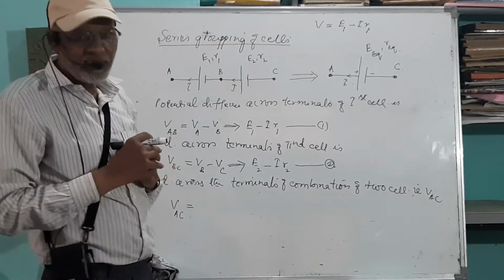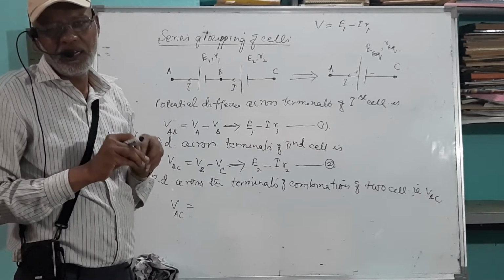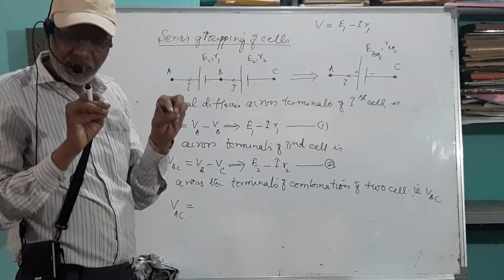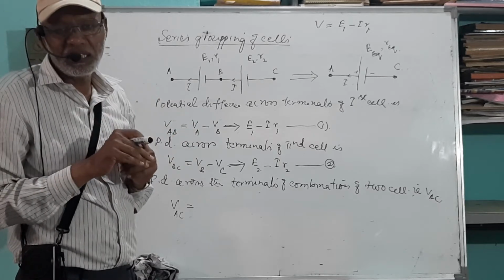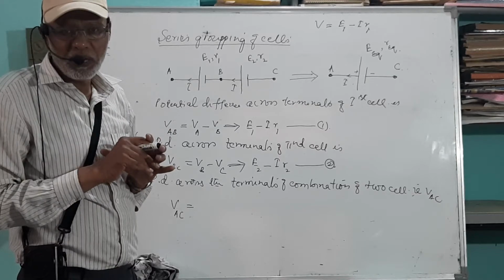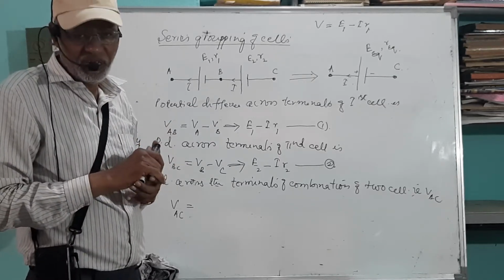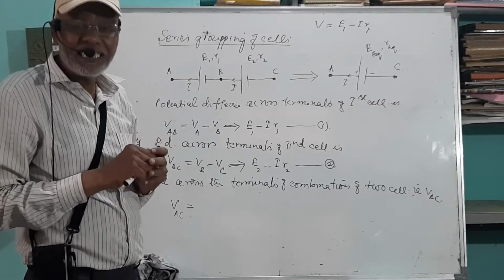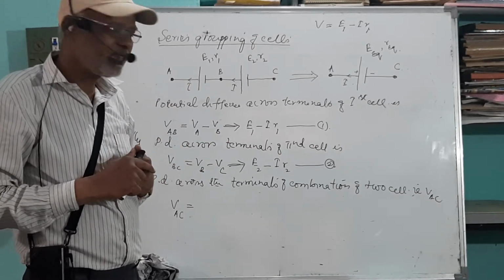Then the question is how to recognize whether the given connection is a series grouping of cells or a parallel grouping of cells. On the basis of the definition, we can differentiate between the series and parallel grouping of cells.